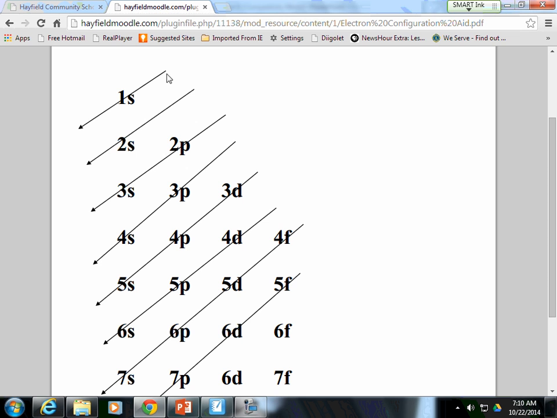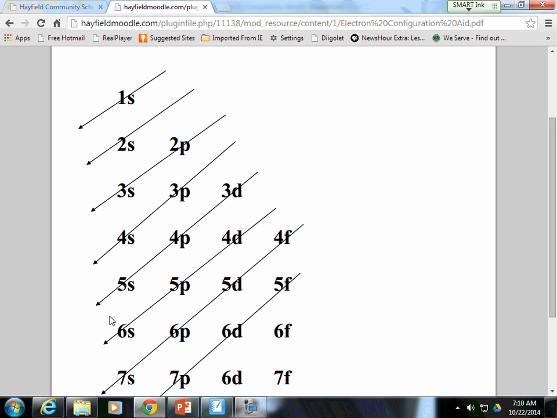If you follow the arrows down, you're first going to do 1s, then 2s, then 2p, 3s, 3p, 4s, 3d, 4p, 5s, 4d, 5p, 6s.